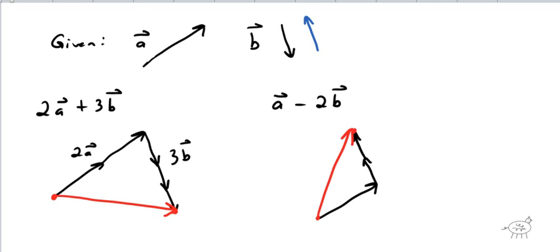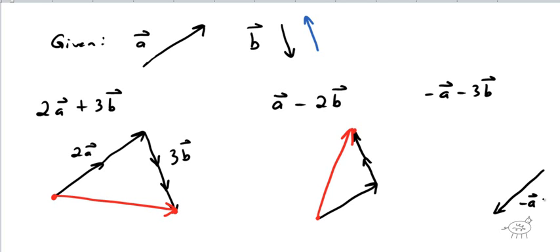Okay, and we'll do one more here real quickly. How about negative A minus 3B? So negative A, that means I'm going to point, let's so I can fit it on the screen here. And I go, this is negative A, right?